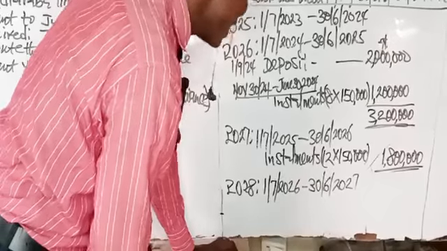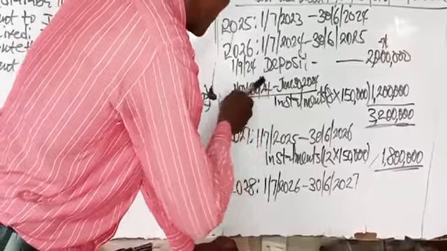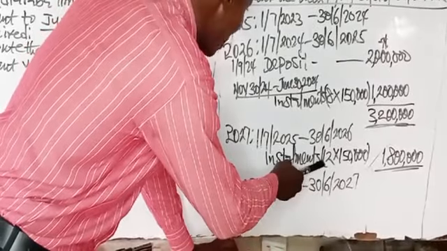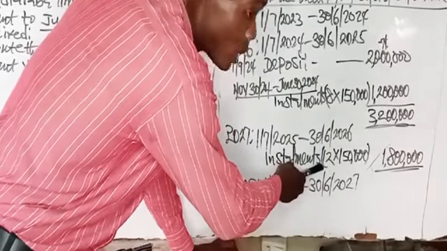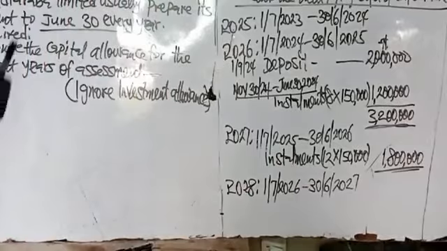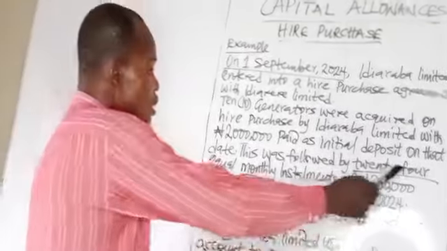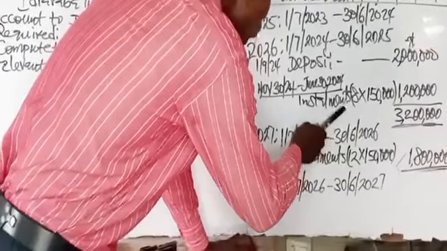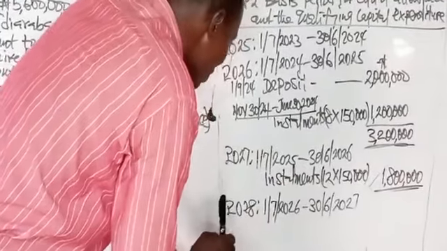But if you consider the installments you have considered so far, you've considered 8 installments in 2026, then you considered 12 installments in 2027 year of assessment, and the total installments is 24 equal monthly installments. If 8 has been considered in 2026 and 12 have been considered in 2027, that means you are left with 4 installments.